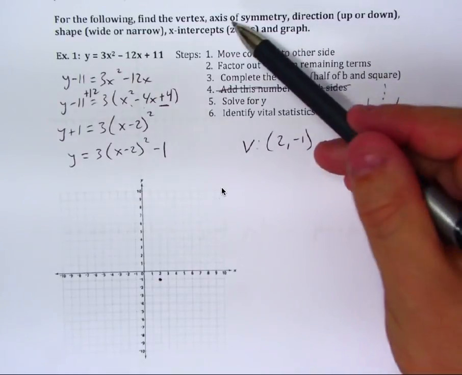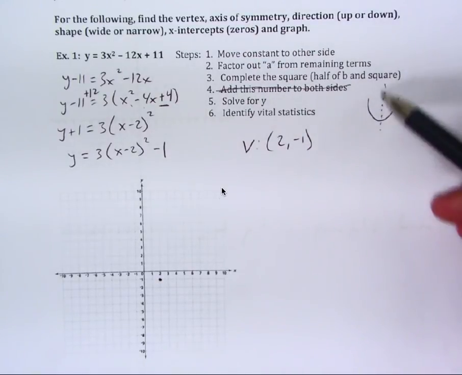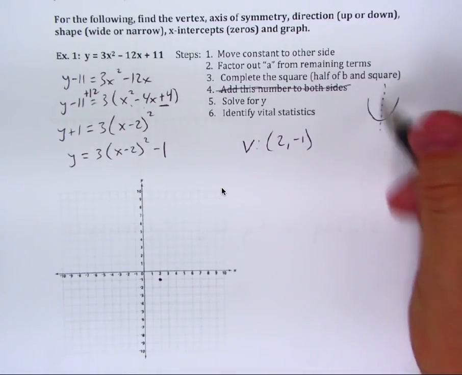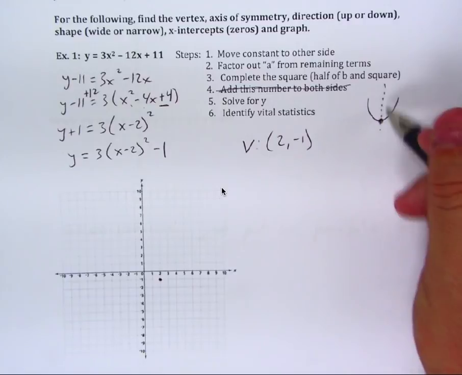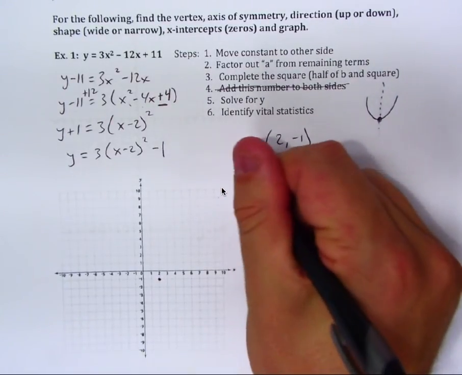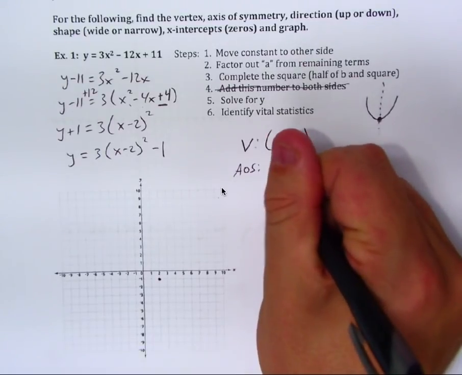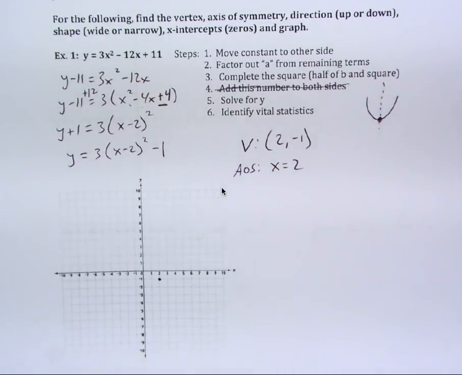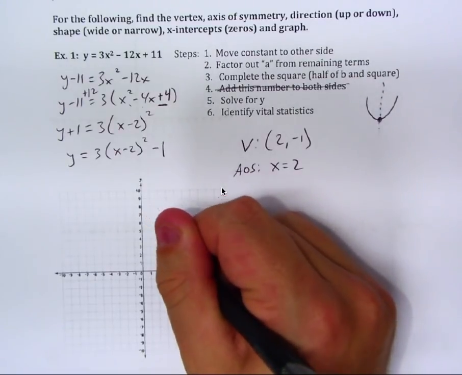So when it says what's the axis of symmetry, it's asking for the equation of the line that cuts your parabola in half, this vertical line. And so it's going to be, well, think about vertical lines are always x equals, and it's going through the x coordinate of the vertex. So for this one, our axis of symmetry is x equals 2. Don't just say 2, but name the line as x equals 2. That's going to be the vertical line that cuts our parabola in half.